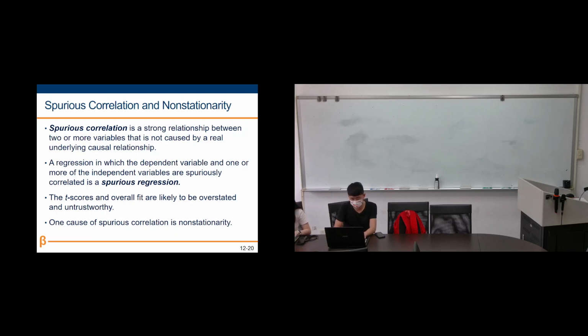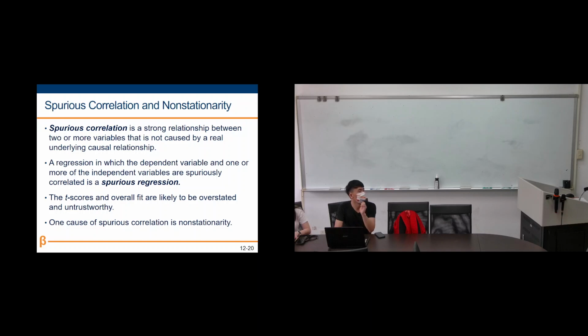Without taking out the variable C, we really see a high correlation between the two variables. Here we can also say more variables. So it's fake. A regression in which the dependent variable and one or more independent variables are spuriously correlated is called spurious regression.